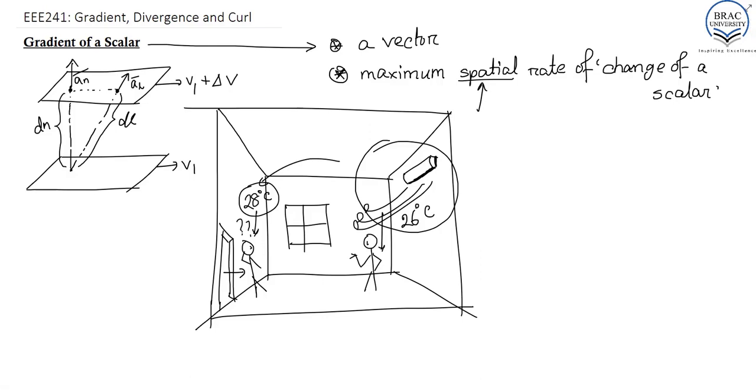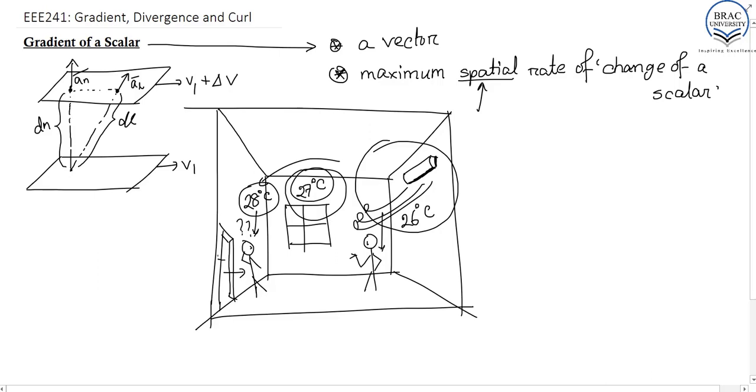In the very first lecture of this course, we told you that temperature is a kind of a scalar quantity, right? So as you move around in the 3D space in this room, you are experiencing different temperatures, right? Let's say this is a region where the temperature is 27 degrees. This is a region where the temperature is 26 degrees, and the region farther away is 28 degrees.